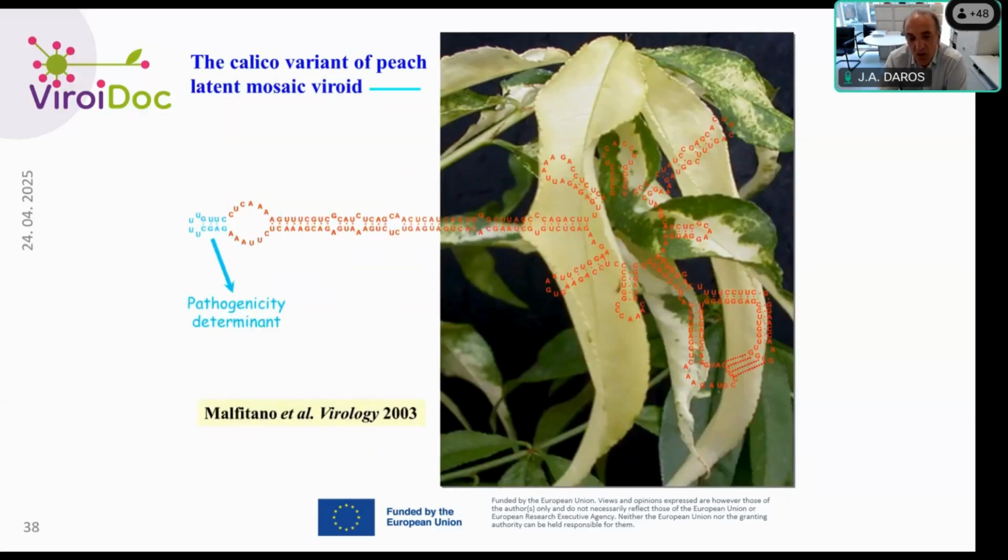Let me show you another example. Peach latent mosaic viroid is a viroid that, as the name indicates, was considered latent at the beginning.